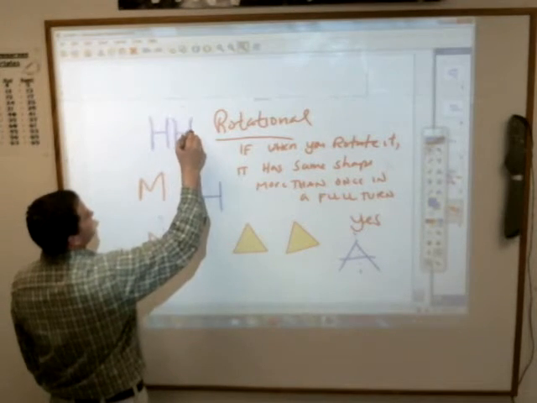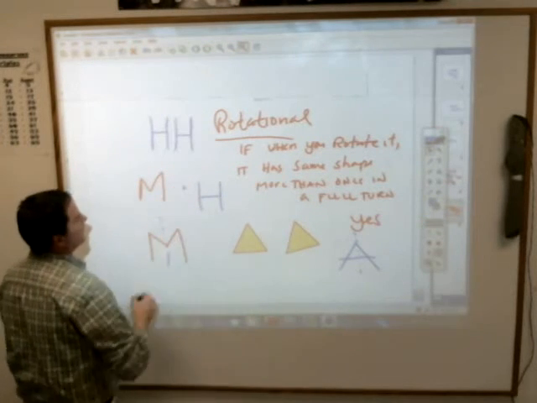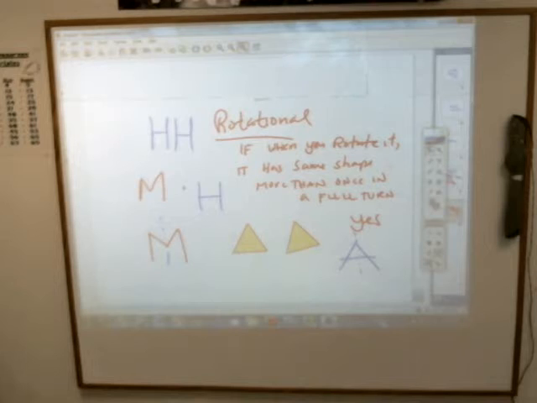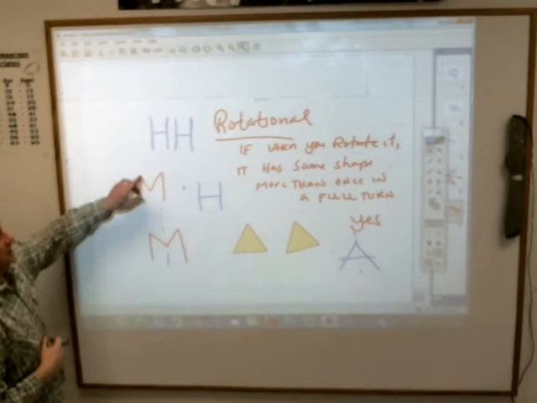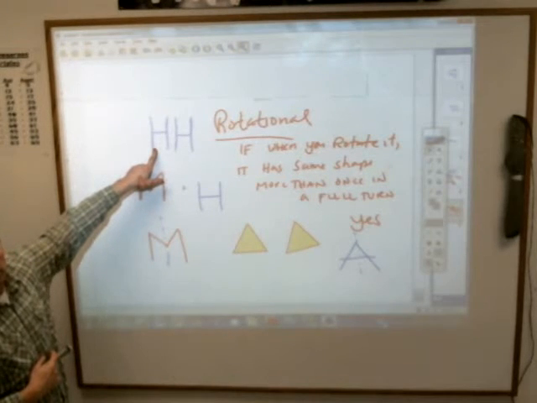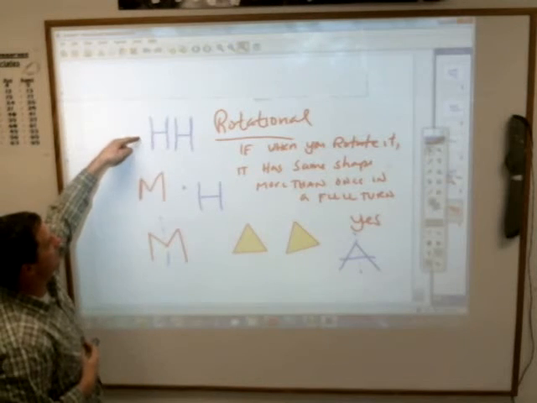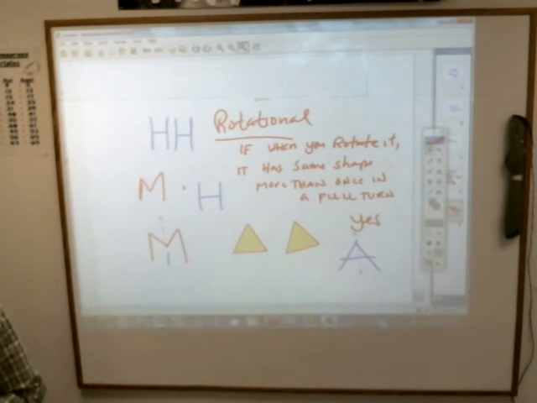If I take this H and just turn it a half a turn, it looks just like itself at a half a turn. So yes, it has rotational. How many lines of reflective symmetry does that H have? Christine? 2. One right here and one right here. So that is absolutely, positively true.